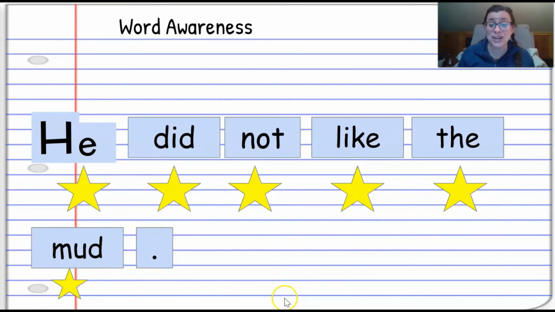We have 6 words. Remember, when you get to the end of a line, when you're reading, you should always go to the next line. Don't forget about those words in the sentence because if you don't see the period, that means you need to keep reading. Do you see one of our sight words of the week in the sentence? Are you pointing to the word did? You're right. Did is a sight word this week.